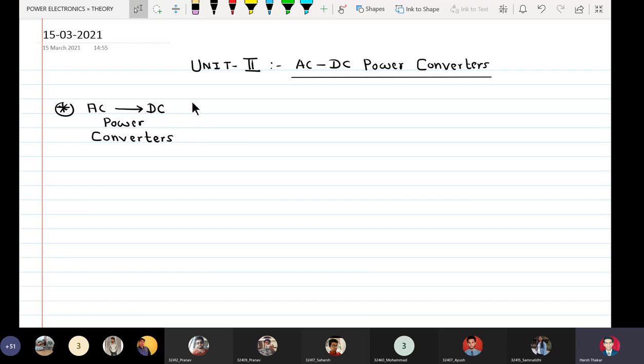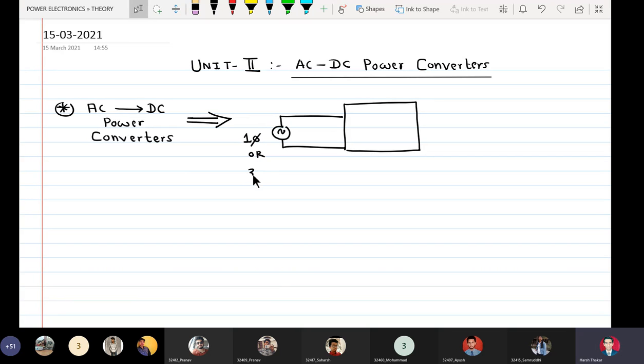So AC to DC power converters, in one line, would be a system which will accept a single phase or three phase supply as an input, and it will generate a DC at the output.